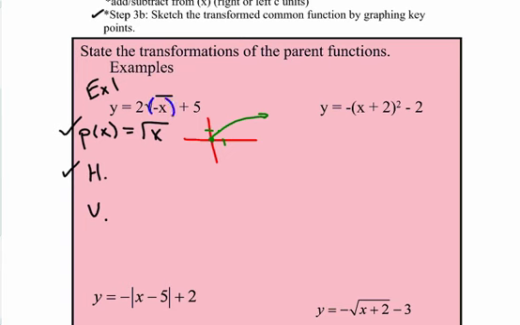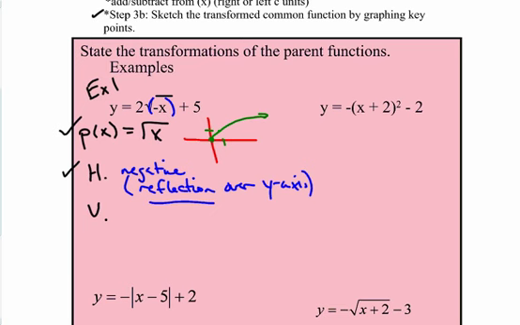So we're looking at this value, and what we have is negative x. Well, the negative that is multiplied by the x stands for a reflection. Because we're changing the x values from negatives to positives and positives to negatives, that means it's going to be a reflection over the y-axis. So that is our first one. We have a negative in front of the x, therefore it's a reflection over the y.